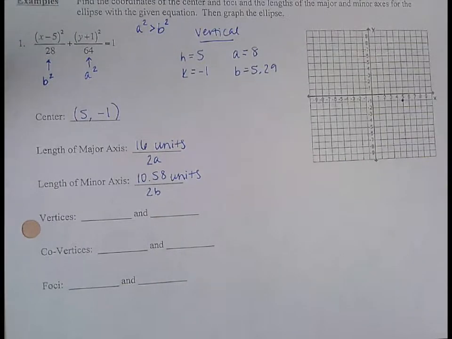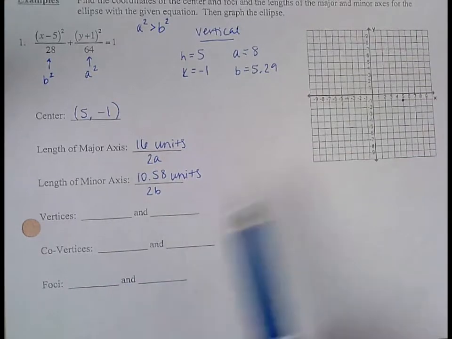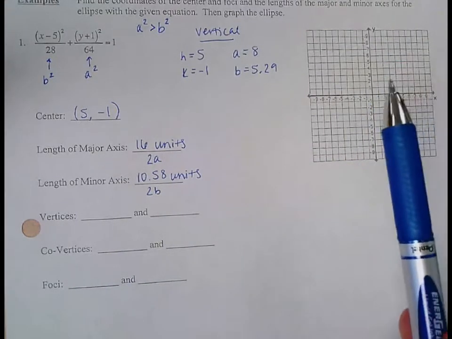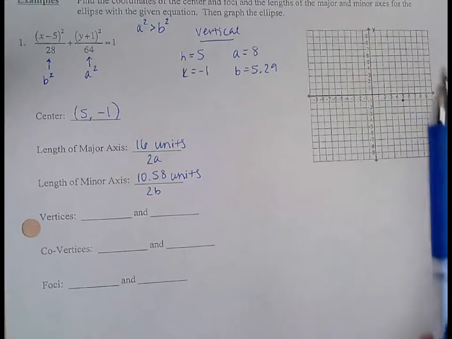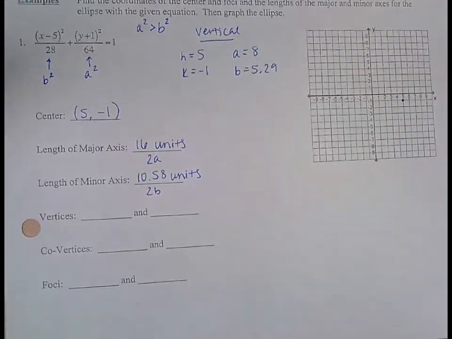I just want to see that you're able to find the lengths of those 2 axes. But now for the vertices, covertices, and foci, all 6 of these points should be plotted on your graph. Your ellipse actually goes through the vertices and covertices. Your foci should be inside of your ellipse. So if they end up outside, something went wrong.